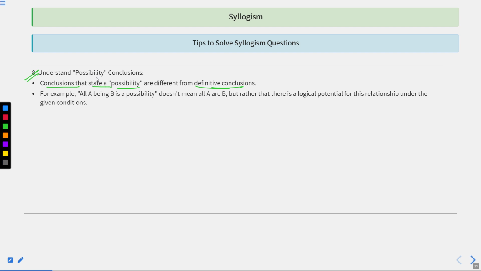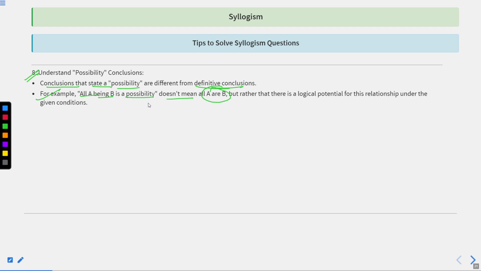But at the same time, we have to ensure that these possibilities are actually inferring something to us. For example, if it has been mentioned that all A being B is a possibility, it doesn't mean that all A are B. Please keep this point in consideration.